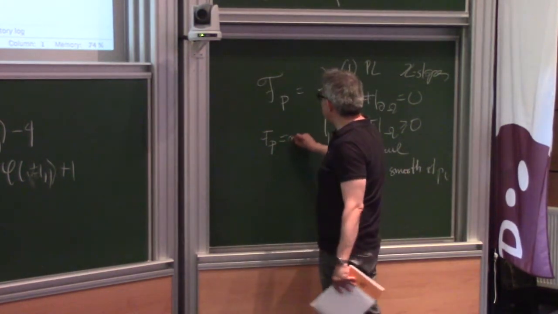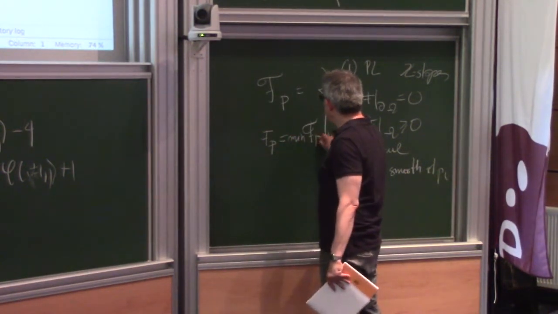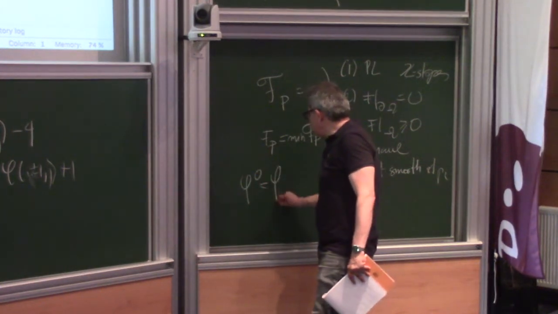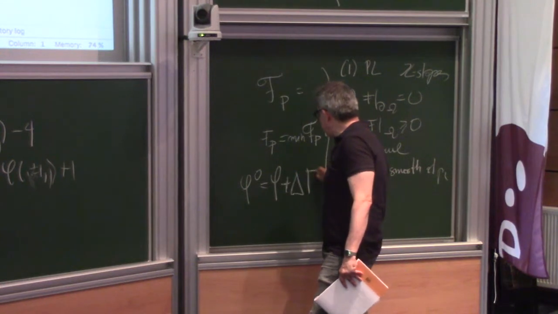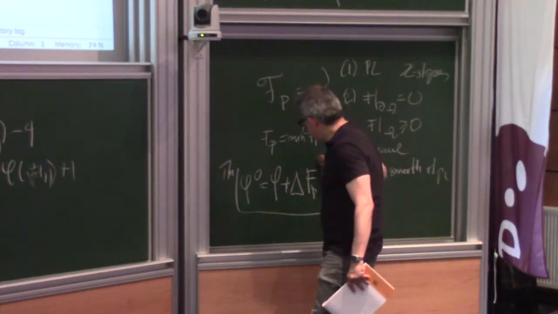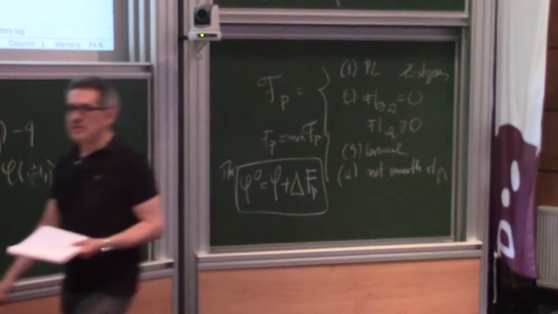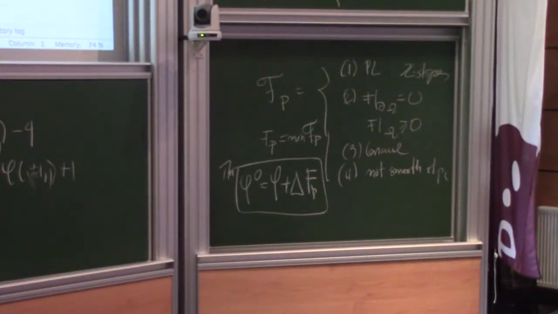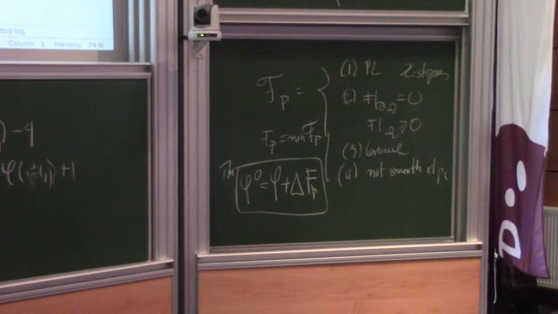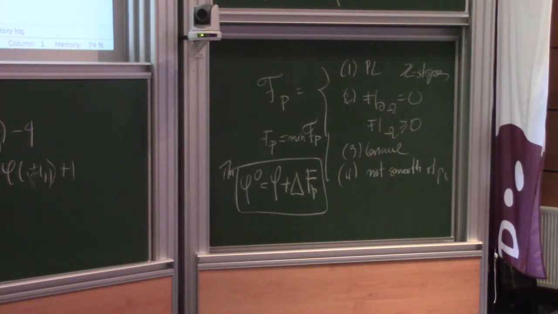Take the minimum F_P, and the theorem is that the final state of the sand pile is the initial state plus the Laplacian of F_P. This is the theorem. So it's a minimization situation.